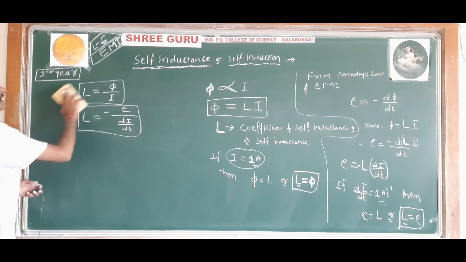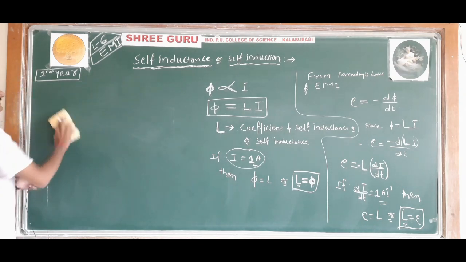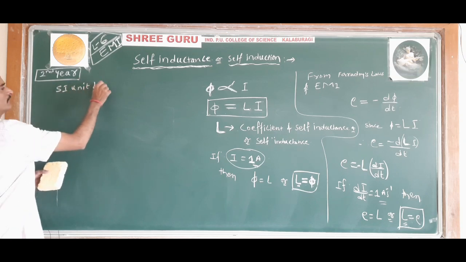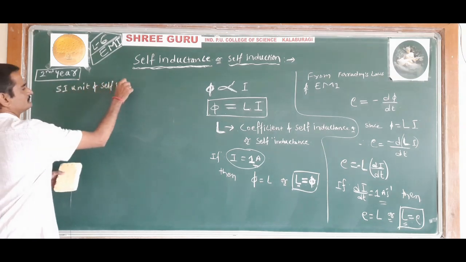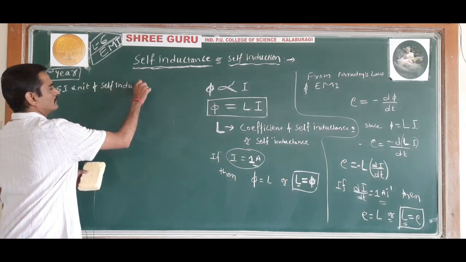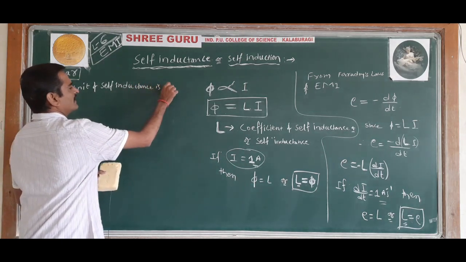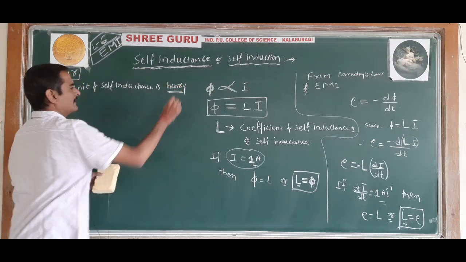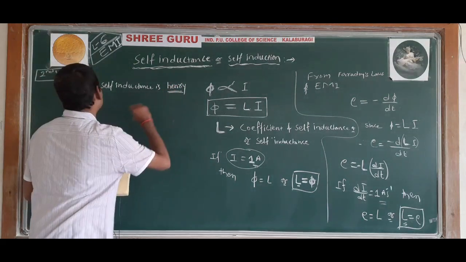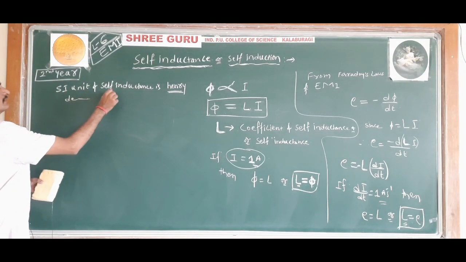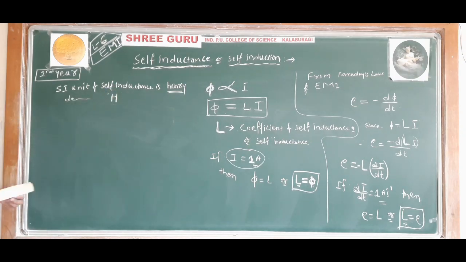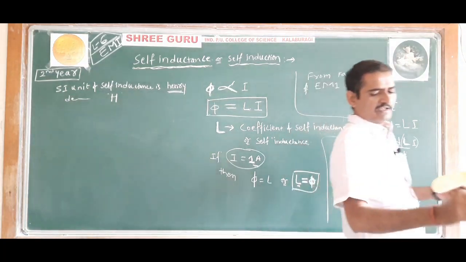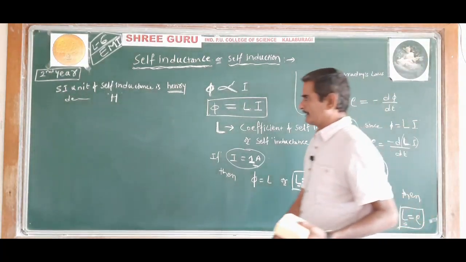Understood? So now the SI unit of self-inductance is Henry, and it is denoted by capital H. It is named after the scientist Joseph Henry, who discovered electromagnetic induction independently.